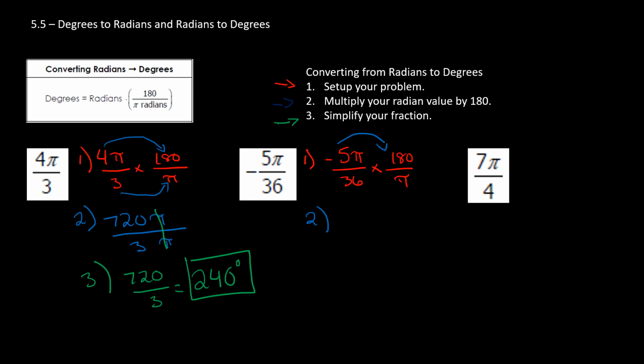Negative 5 times 180 is going to give us negative 900 pi over 36 pi. Our final step, when we simplify out, pi over pi simplifies out, so you're left with negative 900 divided by 36. Negative 900 divided by 36 is negative 25 degrees.